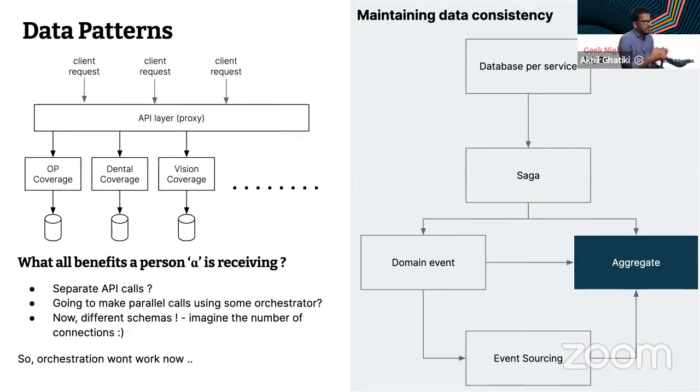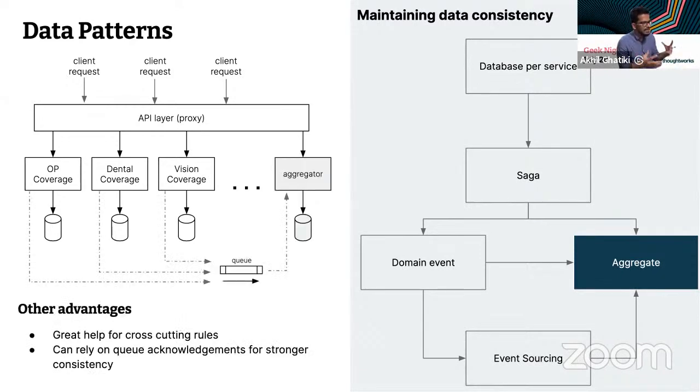No, right? So what you can do is aggregate the data that is coming into these different services, and you can have an aggregate of all these things in one aggregator. Whenever a data update happens to one service, let's say dental coverage got updated with some request, you have to immediately send an event to the queue, and you have to update that aggregator with the data that got updated, so that whenever you make a call to get some aggregated information, you make only one API call to this aggregator, not 40 different calls to different services.